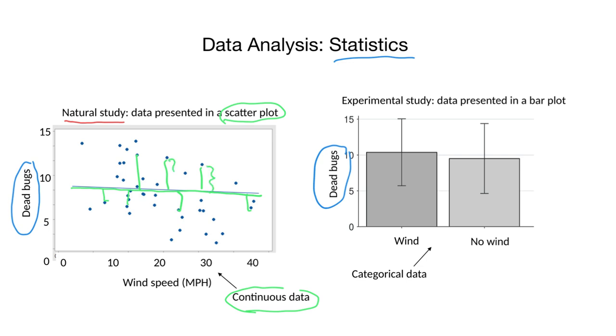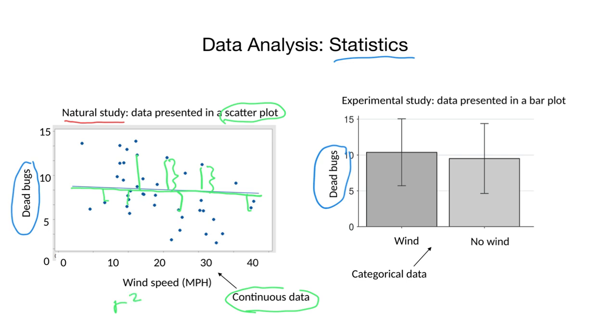So the more that the data are scattered, the farther they are away from the line, the lower is the R squared value. If all the data points are on the line perfectly, then you'll get the highest R squared value possible, and that is 1, which means that 100% of the variation in what you're measuring is explained by what's on the x-axis, or the explanatory variable, in this case, the wind speed.